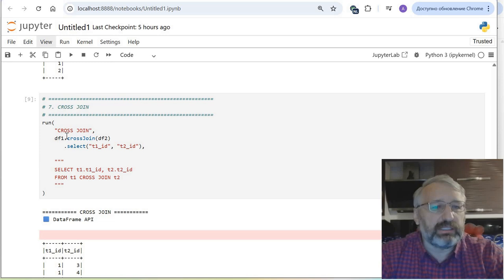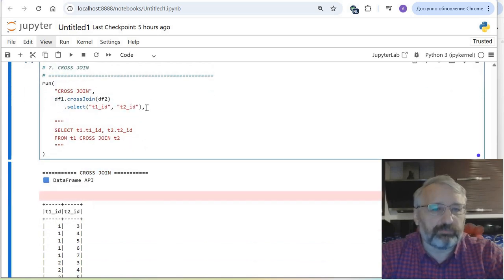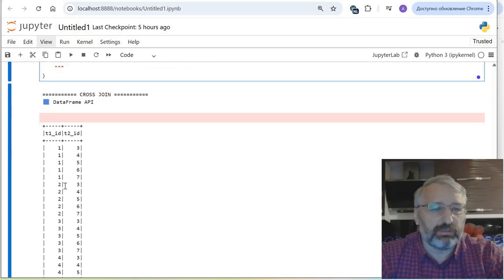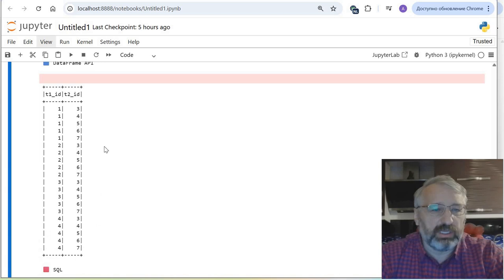And finally, we've got cross join. Cross join is a Cartesian join of all the rows from the first table with all the rows in the second table. So we have 1 five times with all the values of the second table against 1.